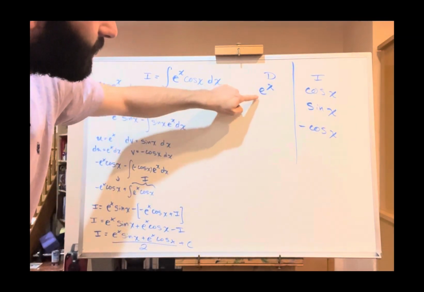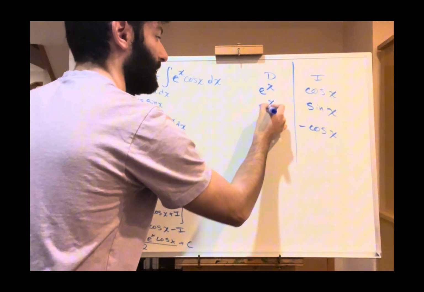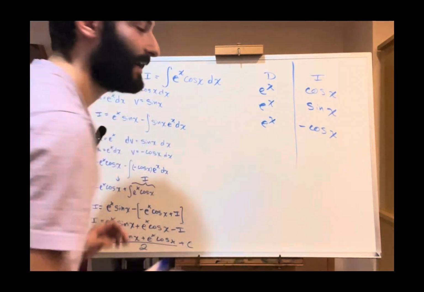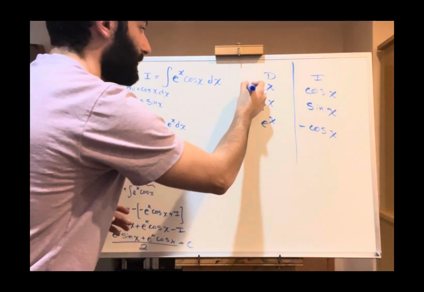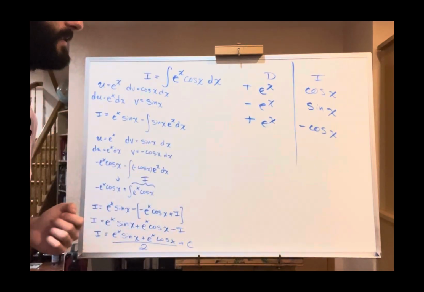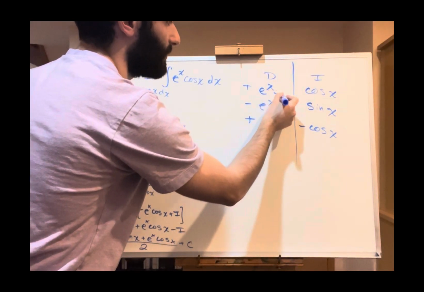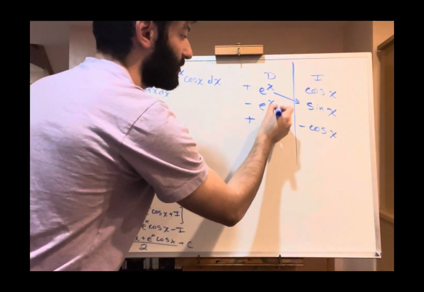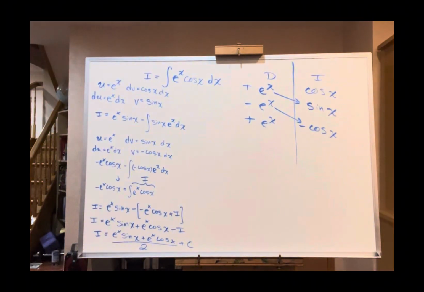So all we have to do is differentiate e to the x twice. It's just e to the x, e to the x. And now we can do that pattern again: plus, minus, plus, minus. And we multiply these two terms together, then we multiply these two terms together. But now what do we do? Well, look.